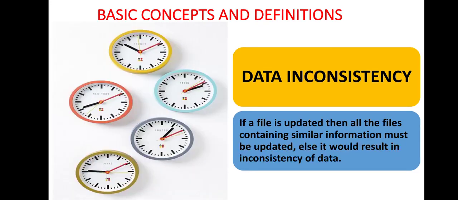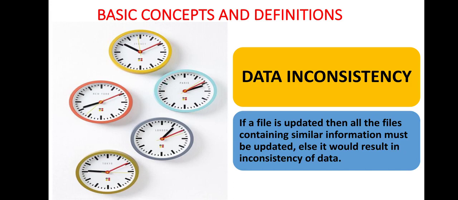The second point is data inconsistency. As you can clearly see in this picture, none of the clocks is showing the same time. The top one is showing 10:10, the middle one is showing 8:10, one is showing 2:10, and one is showing 1:10. The final one is showing 9:10. Now this is called data inconsistency. I have already given you an example in the previous slide.